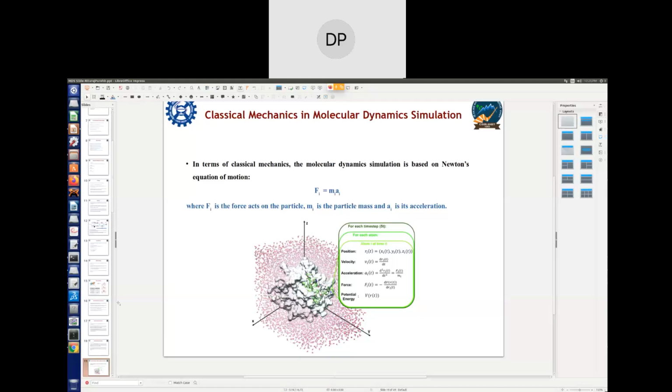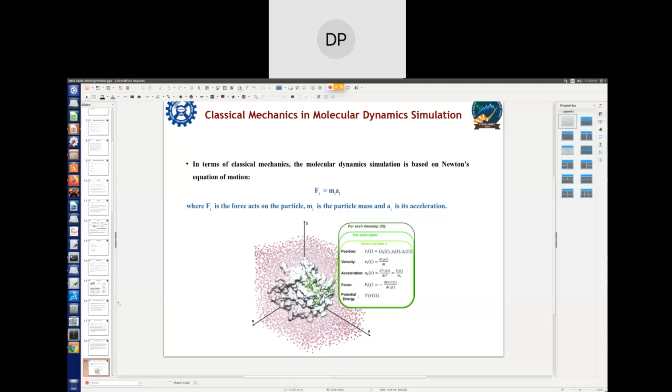The MD simulation circumvents this problem by using the numerical solution of the equations of motion. As you can see here, we have the equation of motion, Newton's second law, which says that F equals m a. Here F is the force acting on the particle, m_i is the particle mass, and a is the acceleration.